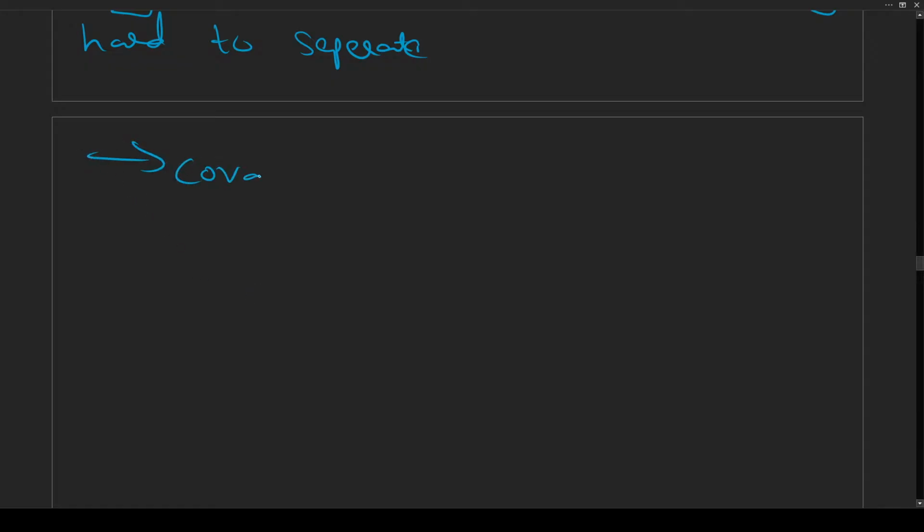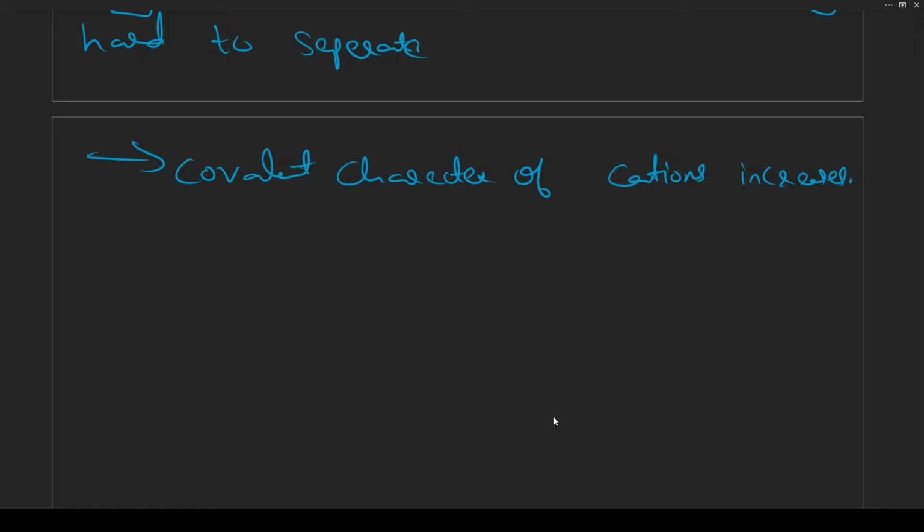Covalent character of cations increases. So the first consequence of lanthanide contraction: the atomic radii of zirconium and hafnium are almost the same, so they occur together, hence it is difficult to separate them. And the second consequence: covalent character of cations will increase.